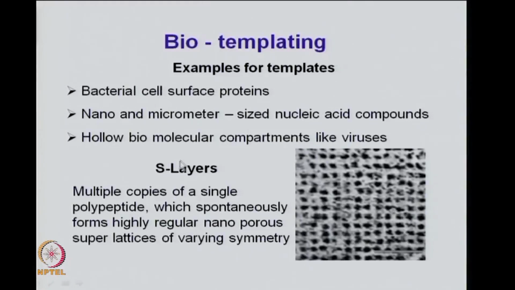Then we come across a term which is called S layers. Basically, from single polypeptides, if you can make multiple copies of a single polypeptide, then it can spontaneously form highly regular nanoporous lattices.